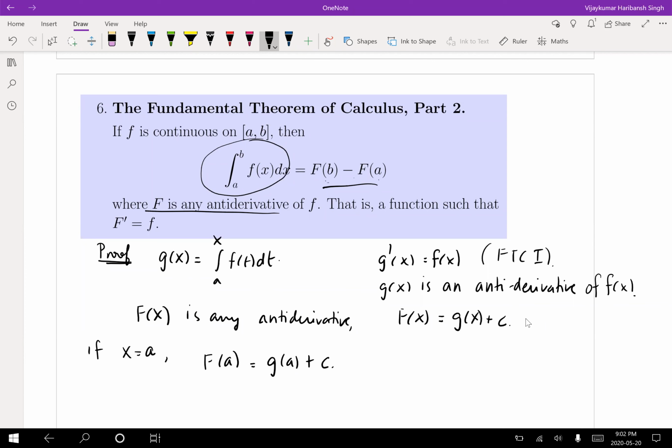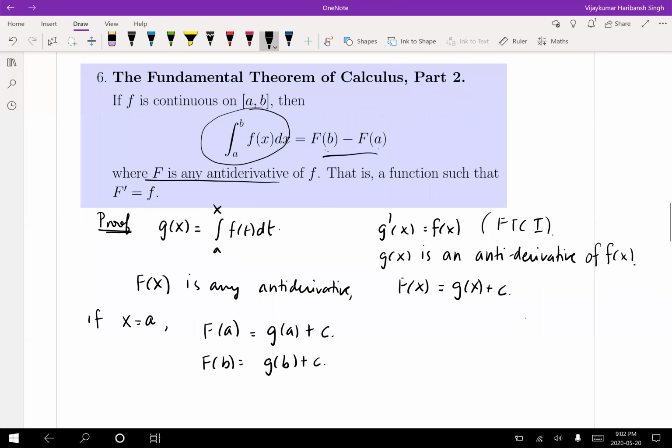And if you look at F(b), that is going to be g(b) plus c. So F(b) minus F(a) is going to be g(b) plus c minus g(a) minus c, because that is what F(a) is. This cancels out, and you have g(b) minus g(a).